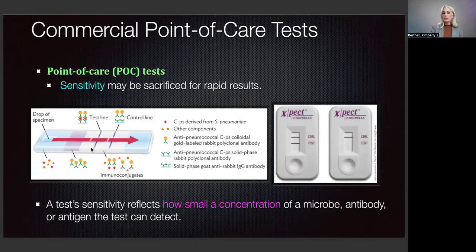On the other hand, the control line, the sample continues moving past the test line. And our control line is what actually captures the antibodies that don't have anything bound to them. So this is our solid phase goat anti-rabbit IgG antibody. So we see we have the anti-pneumococcal gold-labeled rabbit polyclonal antibodies bonding to the solid phase goat antibody.